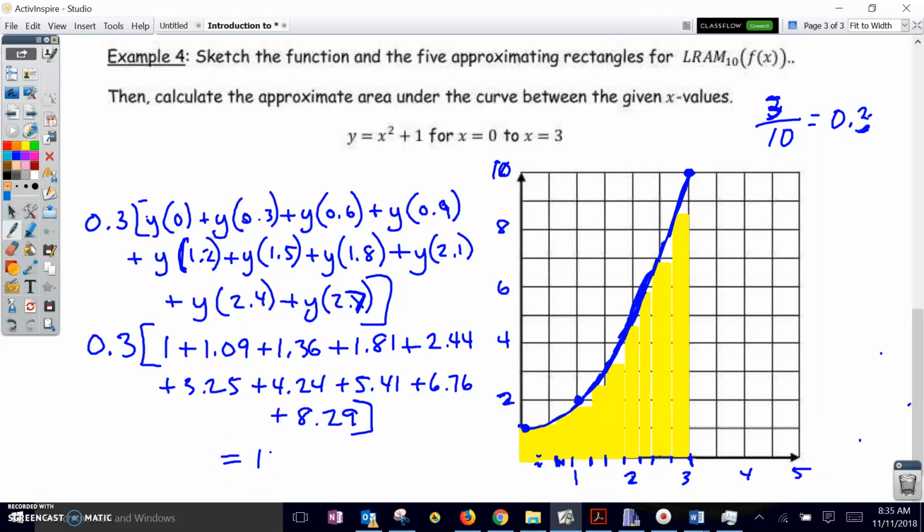And this is going to approximate the area as 10.695. This is more accurate than the LRAM 5 that we found in the last video, but it's also a lot more work. So when you're looking at approximating areas under curves using rectangular approximation, you need to take into consideration both the accuracy and the amount of work that goes into producing that accuracy, especially as we get into the future and we learn additional techniques that will make it pretty simple to find the actual area underneath this curve without going through all of this.